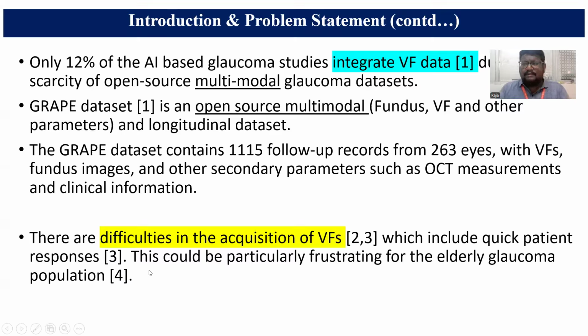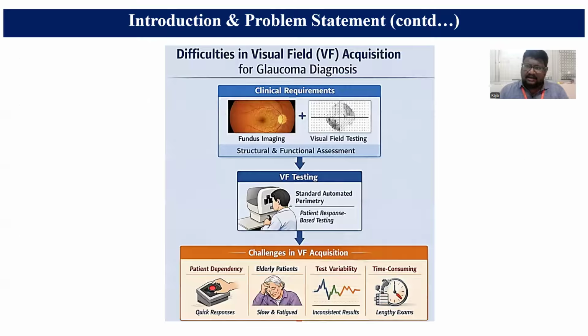More importantly, I want to tell you about the difficulties in the acquisition of visual fields. Several papers discuss the difficulties in visual field acquisition compared to fundus imaging. Even though the cost of the fundus imaging modality is a little higher, the patient cooperation and involvement required in acquiring the visual field is very high.